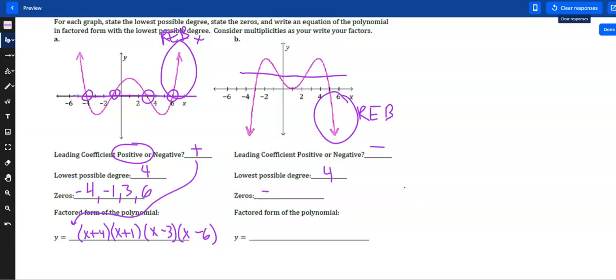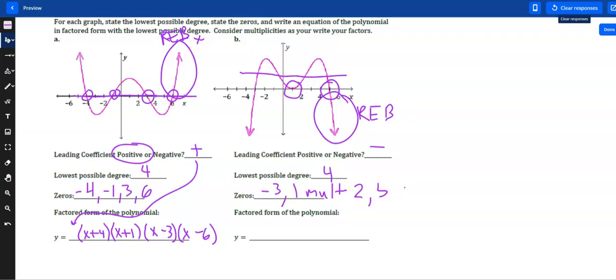Zeros, well, we got -3, +1, but that's a bounce. So that's got a multiplicity of 2 because it's got to have an even multiplicity. And then positive 5.